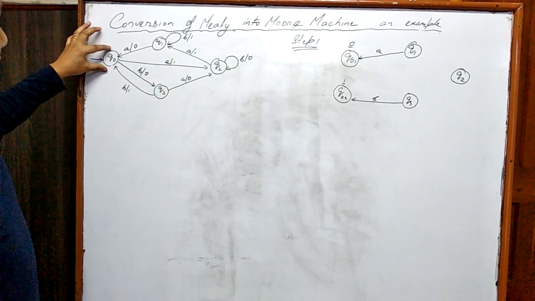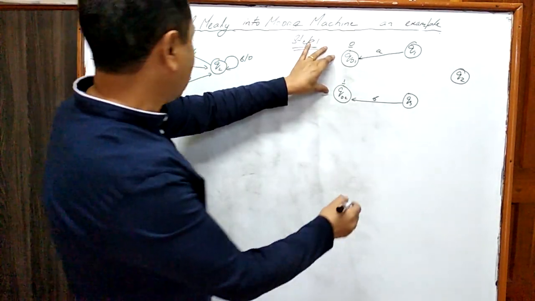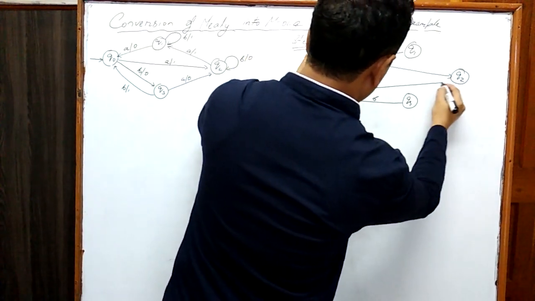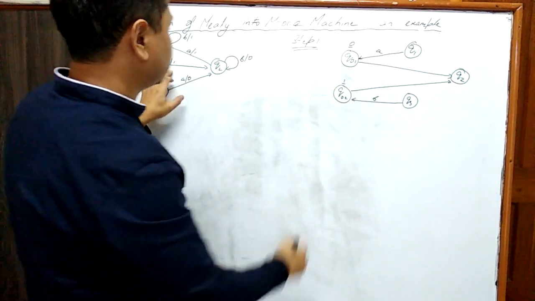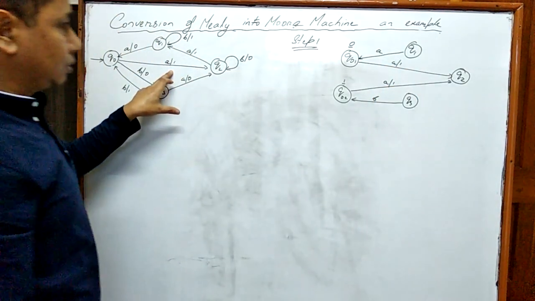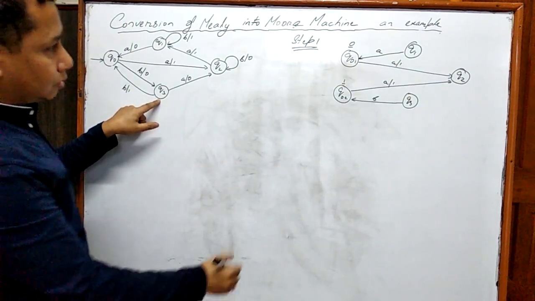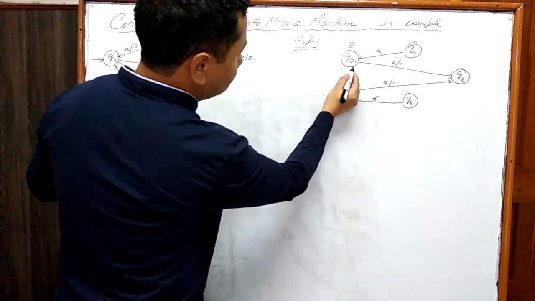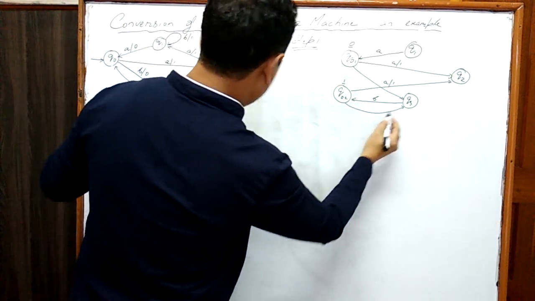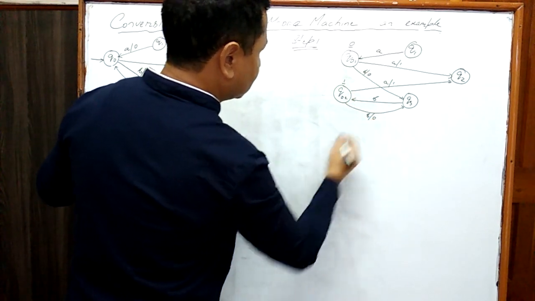Since it is from Q0, but Q0 has been split into two states, these two states have to go respectively to Q2, which is marked as A/1 and A/1. Similarly, Q0 is going to Q3, but there are two Q0s here, so we'll make this one and another, which gives us B/0 and B/0.